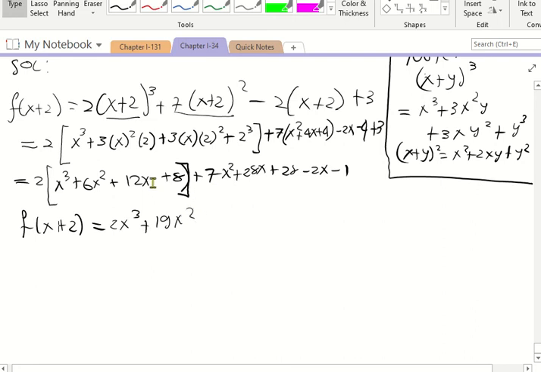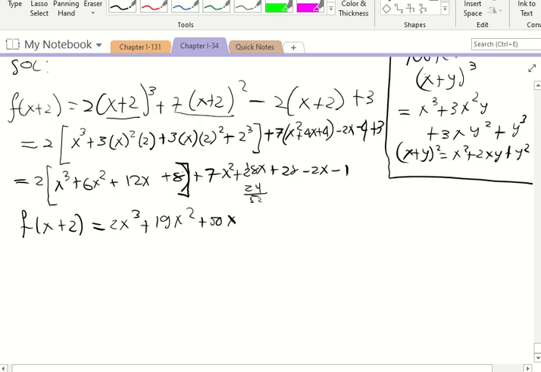Then for x, we have 3 terms, so 2 times 12, that's 24. Then you add it with 28, this is 52. Then we subtract 2, so that will be 52 minus 2, so plus 50x.